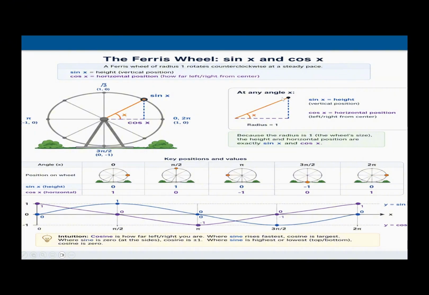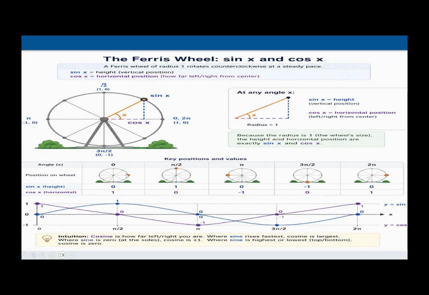The radius we just said is 1 for simplicity. Because the radius is 1, the height and horizontal position are exactly sine x and cosine x. Pi on 2 means 90 degrees. This is 0 degrees or 360 degrees, 2 pi. So look at all the positions on the wheel.